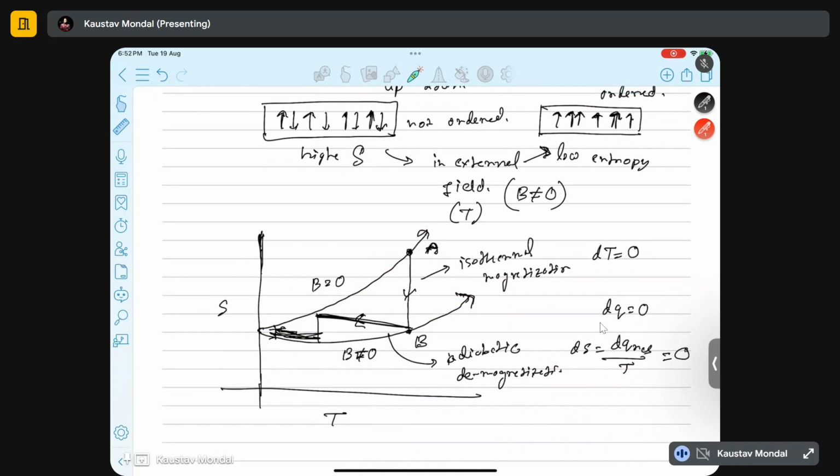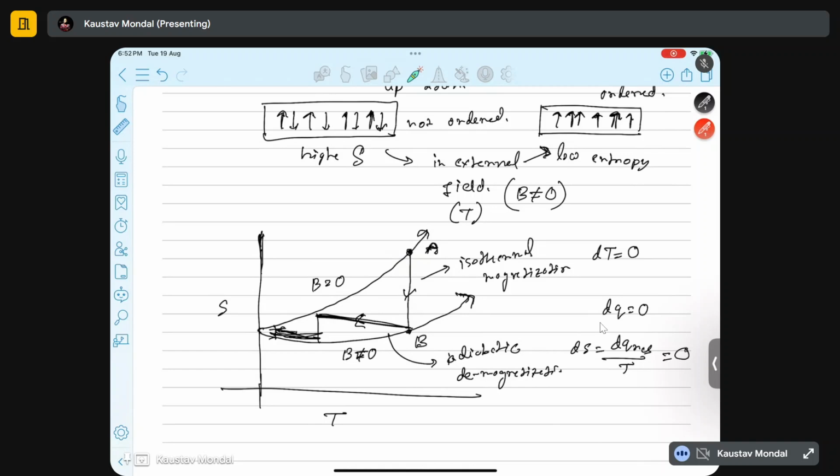Let's suppose a system is demagnetized at a particular temperature at point A. We first do isothermal magnetization, so dT is 0, and the system is magnetized from point A to point B. From there we do adiabatic demagnetization.